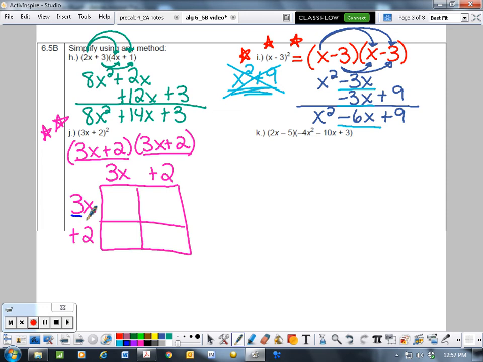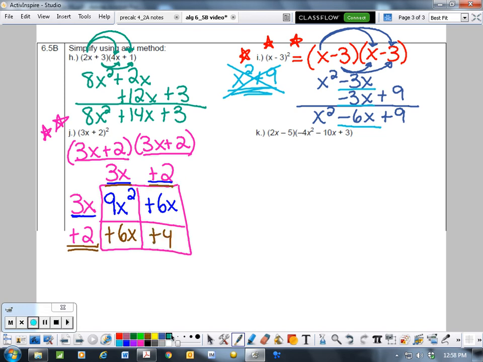So 3x times 3x is 9x squared. 3x times 2 is positive 6x. Then we'll move down, need another color here. 2 times 3x is a positive 6x. 2 times 2 is a positive 4.